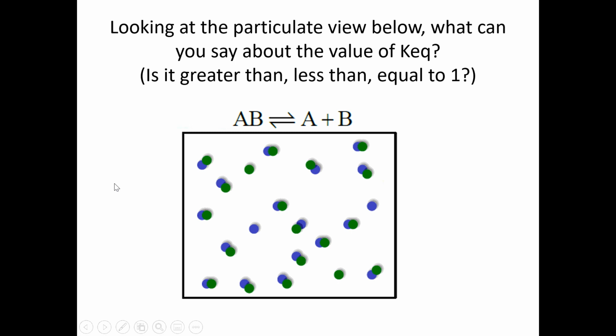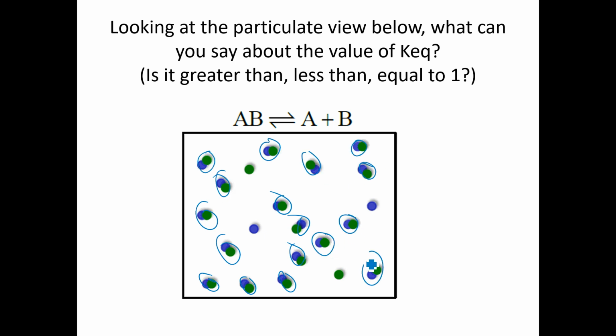Here's another example. Looking at this scenario, is the K value greater than 1, less than 1, or equal to 1? We have this reaction where you have these AB molecules that are decomposing and breaking apart into A plus B. If we take a look at those, we've got a bunch of particles of AB still there. Wow, it looks like we've got a lot of reactants still present and not very many products.